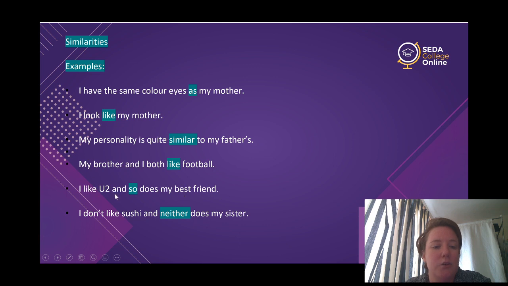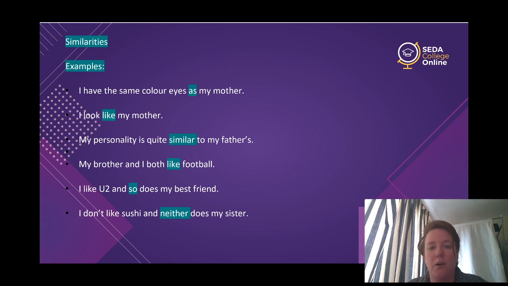I like you too, and so does my best friend. Okay, so that's when we're talking about my best friend. Next one, I don't like sushi, and neither does my sister. Okay, so these are all used to talk about similarities. As, like, similar, like when we're talking about hobbies and things. So, and neither.